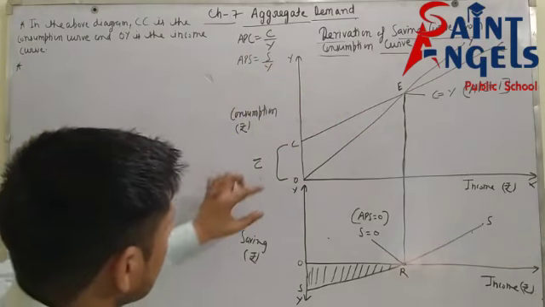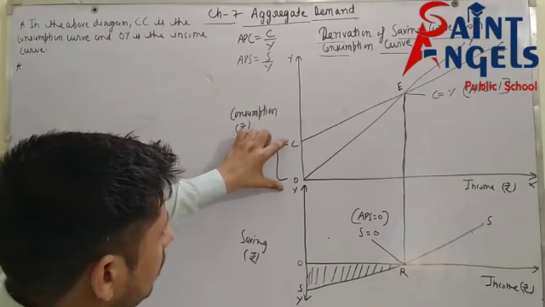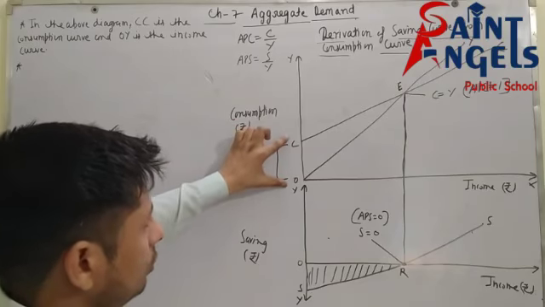See, at zero level of income, autonomous consumption is OC.